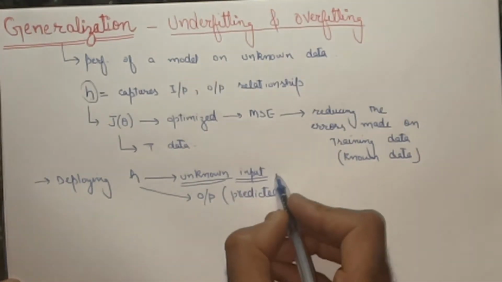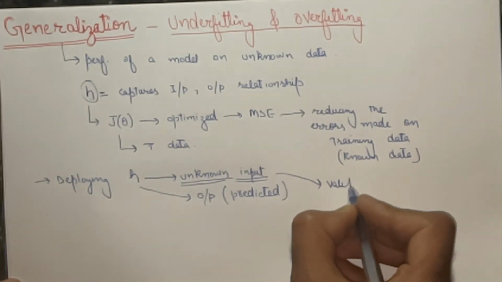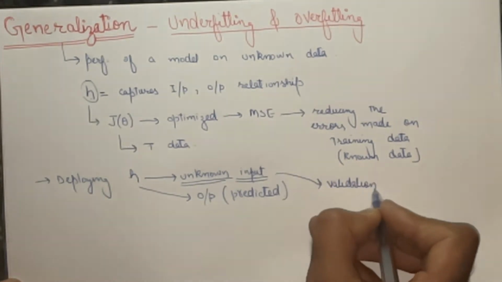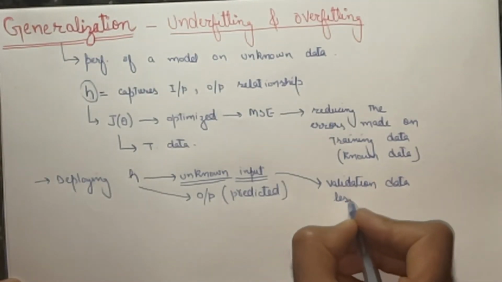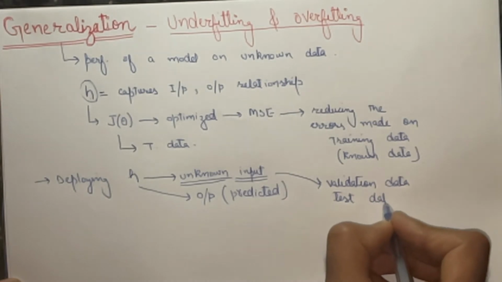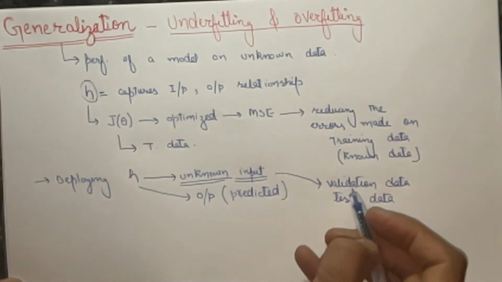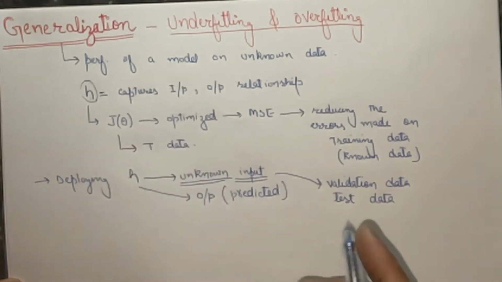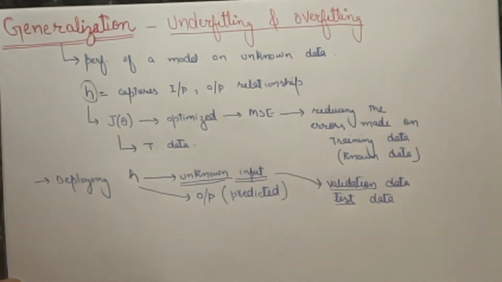This unknown input is also called validation data, or we can also say test data. These two, validation and test, have their own meanings, but here in generalization we will treat validation and test as the same.